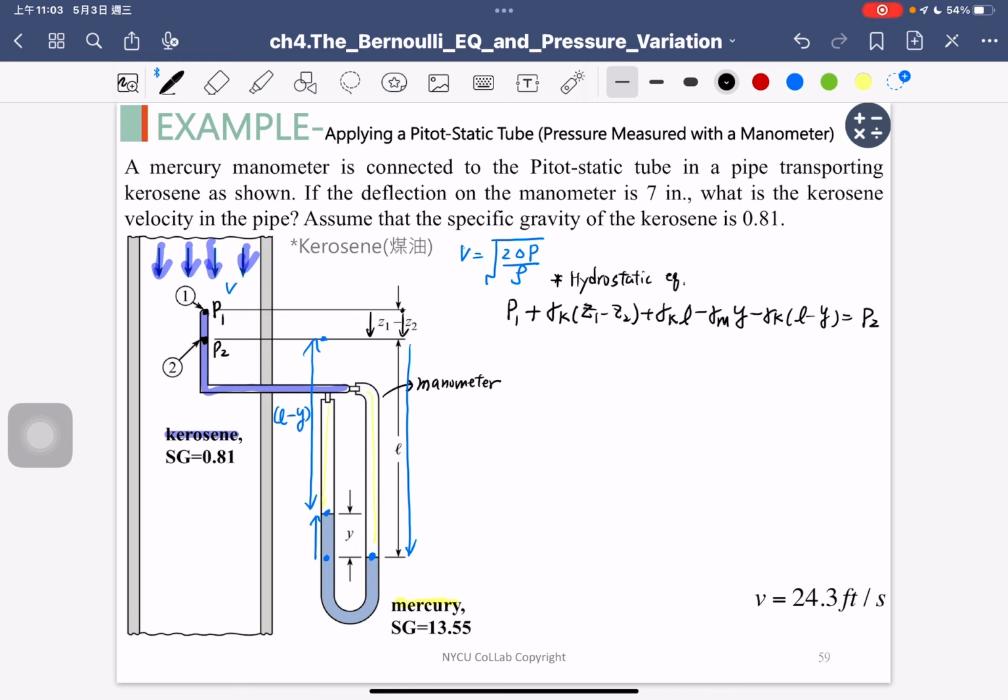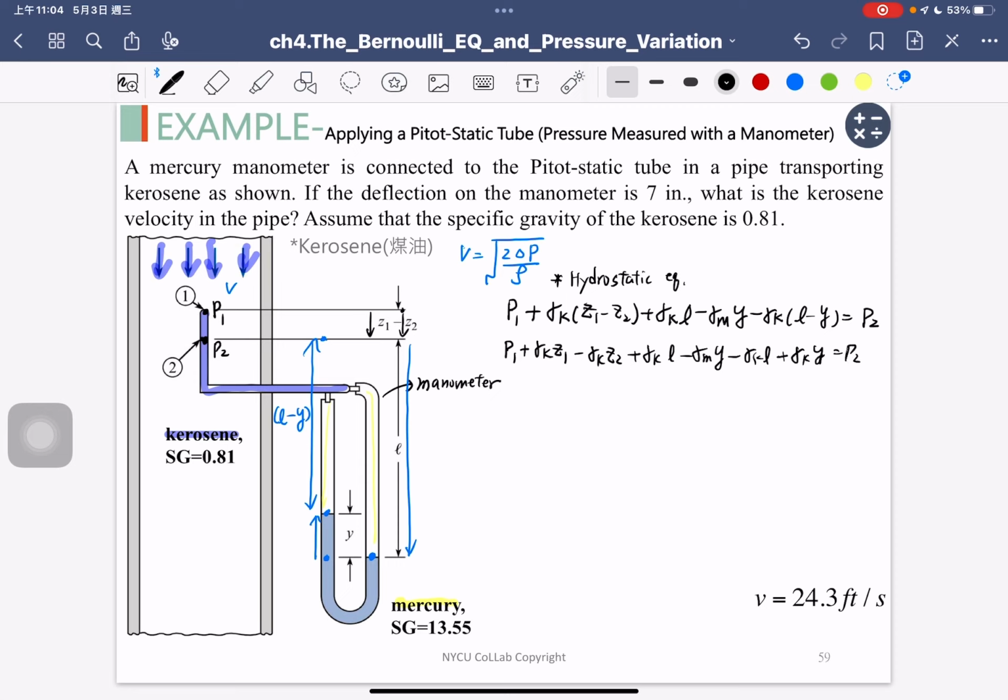So I expand all the parameters we have. So P1 plus gamma K Z1, minus gamma K Z2, plus gamma K L, minus gamma M Y, minus gamma K L, plus gamma K Y, equal to P2, right?